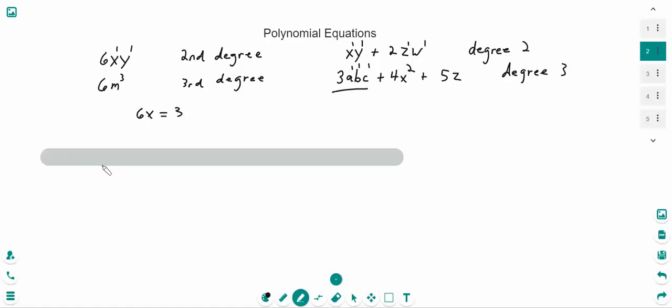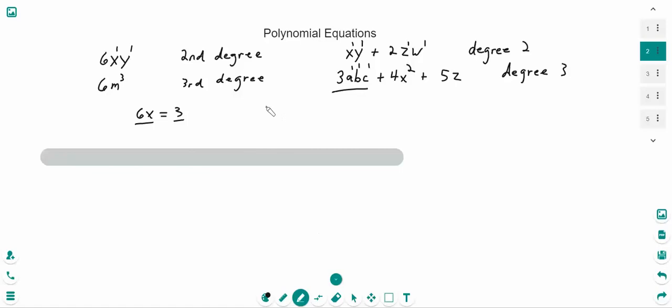All right, all it is is two polynomials being set equal to each other. So this is a polynomial, this is a polynomial, they're being set equal to each other. This is a polynomial equation. How easy is that? So we've been dealing with these all along, we've just never really given them a name. All the equations that we have been doing have been polynomial equations.